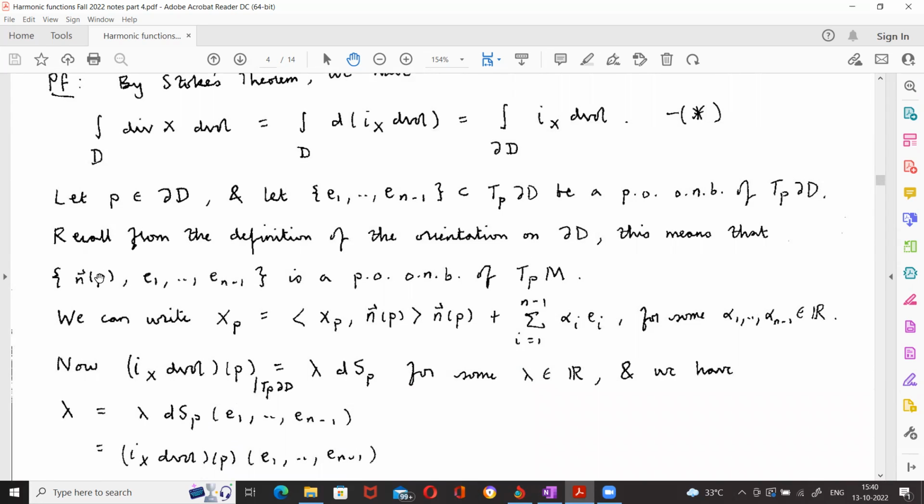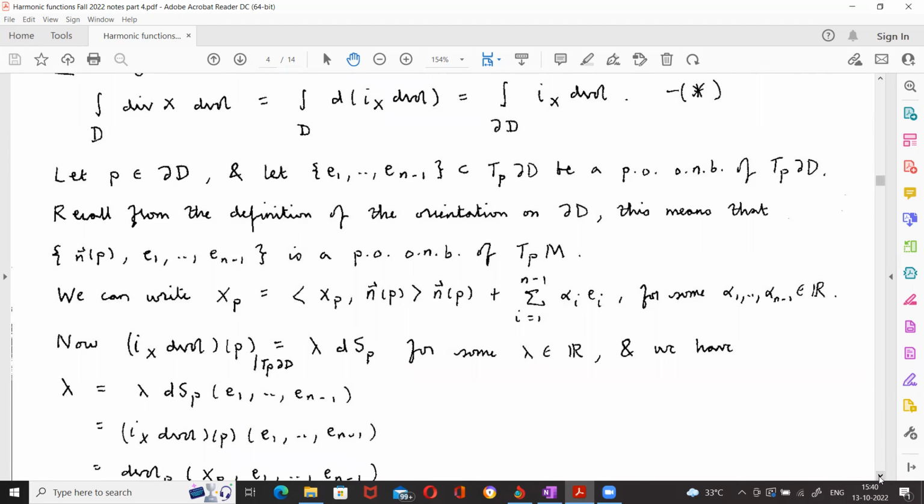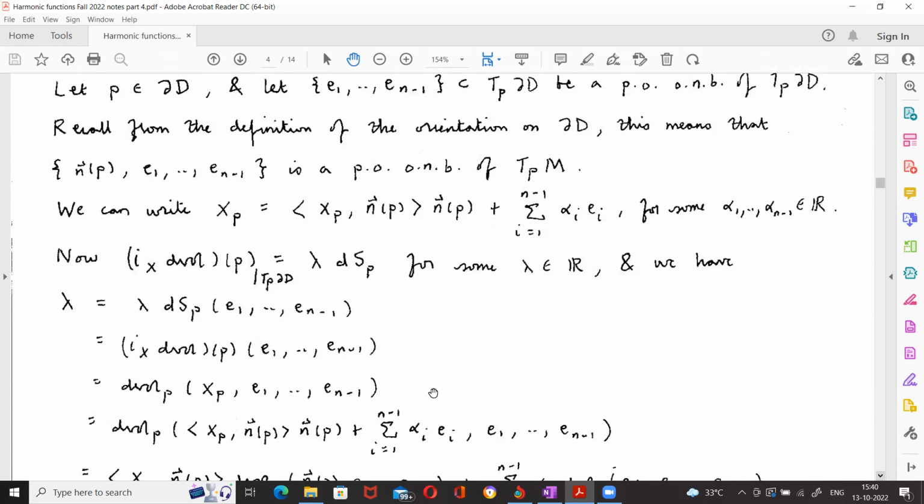So now we have a basis of T_P M. My vector X at P, I can write with respect to this orthonormal basis as a linear combination: the inner product of X with N times N, plus a summation of alpha_i E_i. Now i_X dvol is an n-1 form.